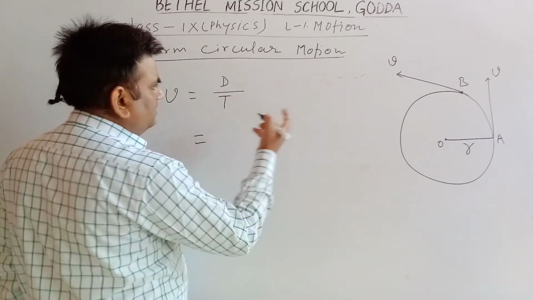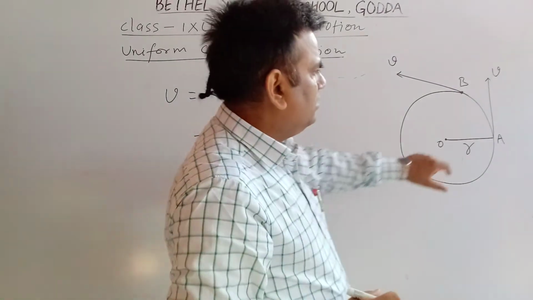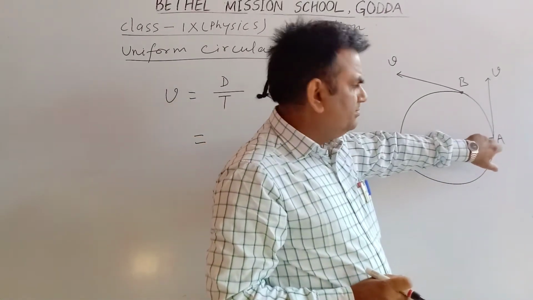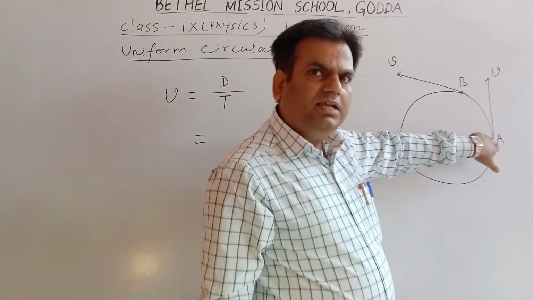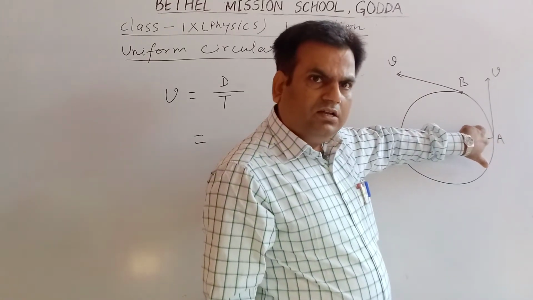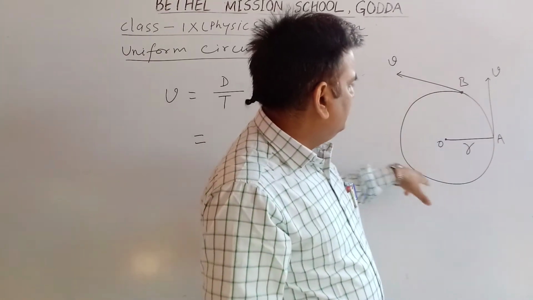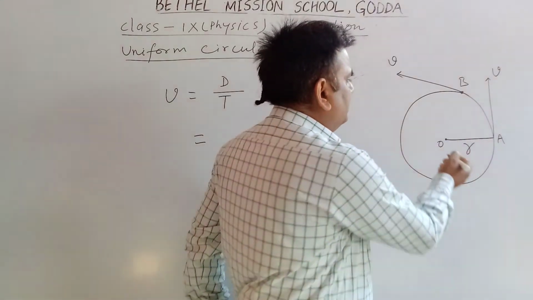So velocity equals distance upon time. Suppose that an object starts from A and reaches point A again, then this is one complete rotation or one complete revolution around the circular path, around its fixed point.